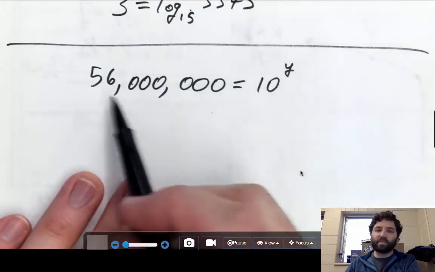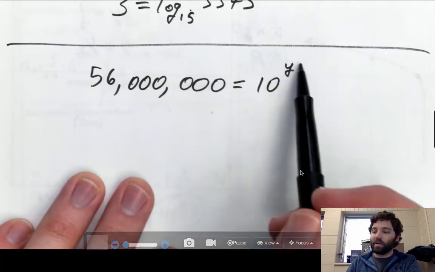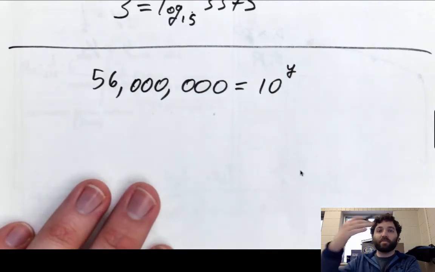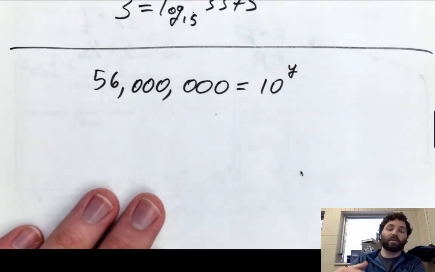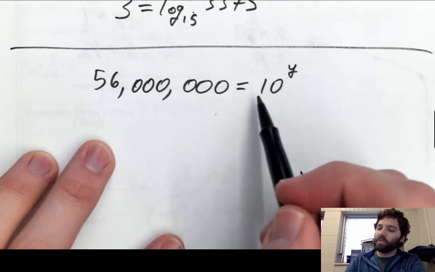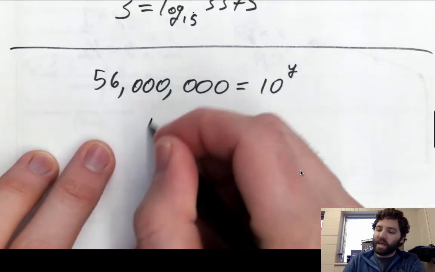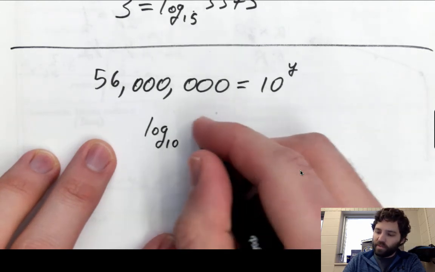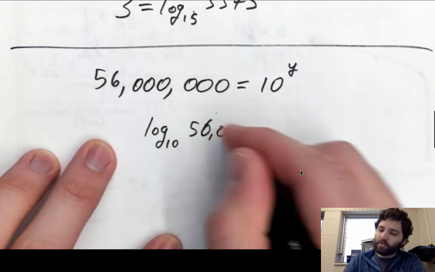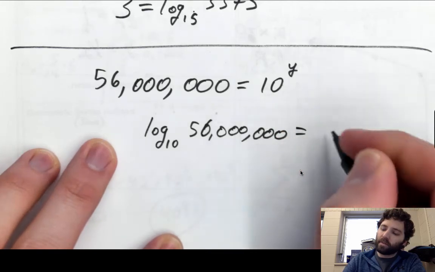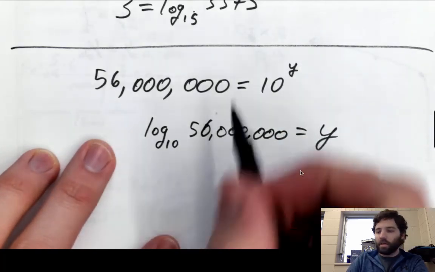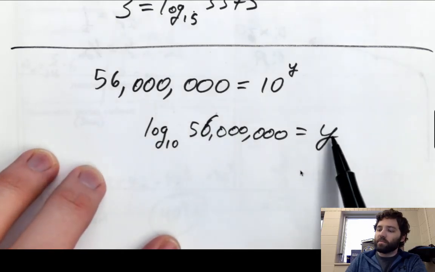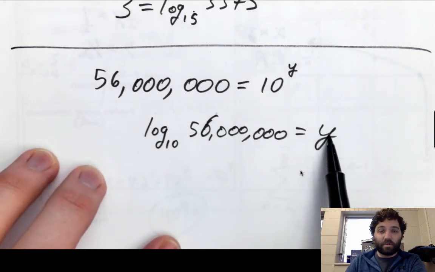Because that number is going to be a lot easier to manage than 56 million, or as it goes up, 56 billion, or even higher and higher. So you go, okay, well, this would be log base 10 of 56 million is equal to y. So that number, whatever it is, and we can figure it out with the calculator, is going to be the magnitude of the earthquake.